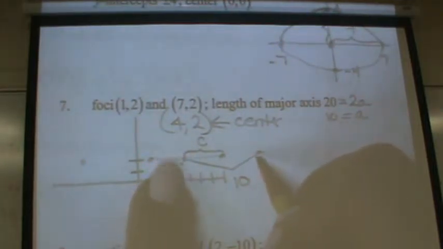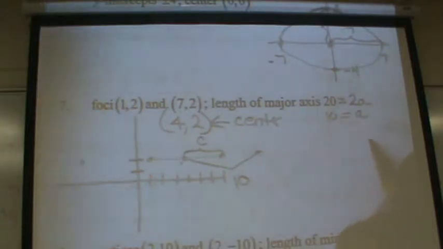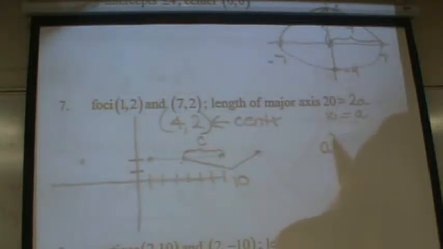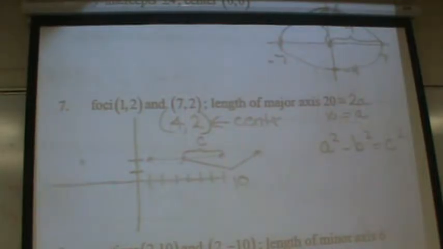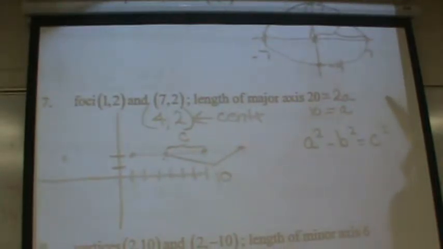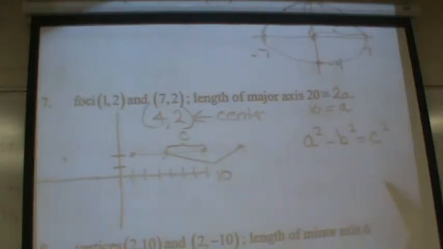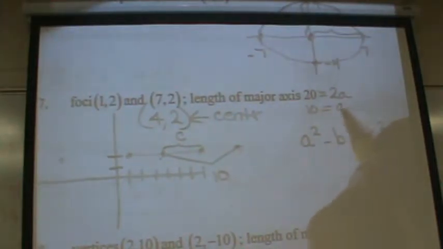So A is 10. How do you find B? Who remembers how to find B? A squared, B squared, C squared. A squared minus B squared equals C squared. Don't you do plus for hyperbolas? Yep, you do plus for hyperbolas. That's how you find the B value. So if A is 10, what's A squared? 100.